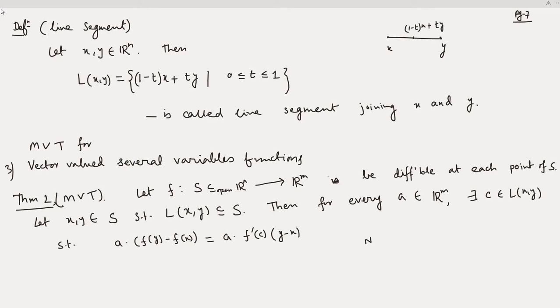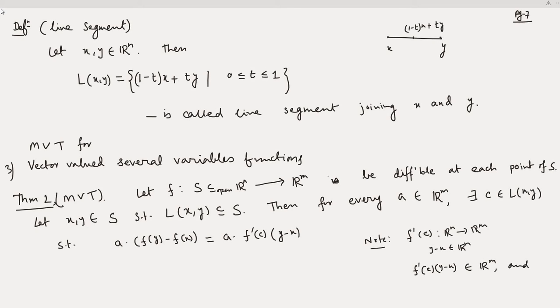Note that f prime of C is a linear function from Rn to Rm, and y and x are points in S, and S is a subset of Rn. So y minus x is in Rn. Therefore f prime of C applied to y minus x makes sense, and this is in Rm.